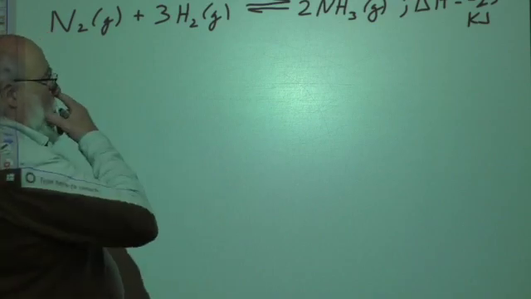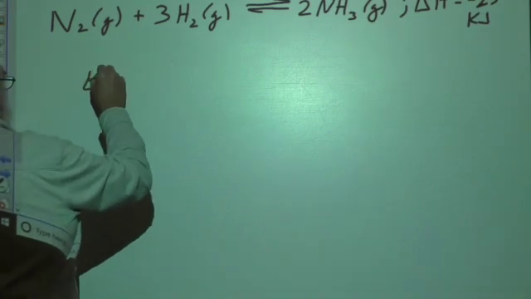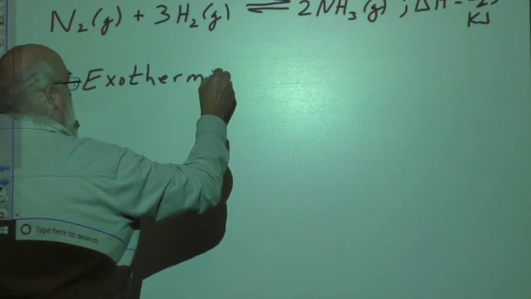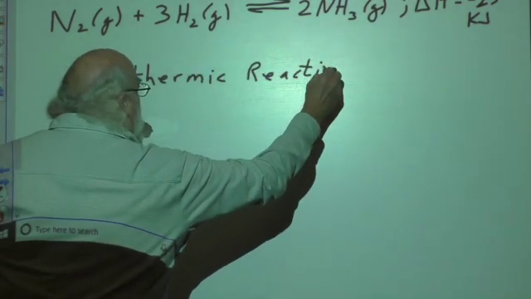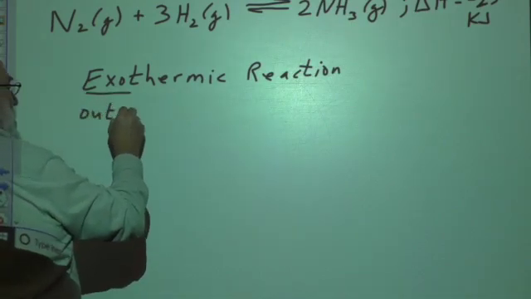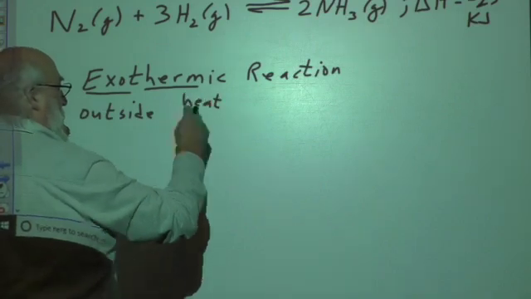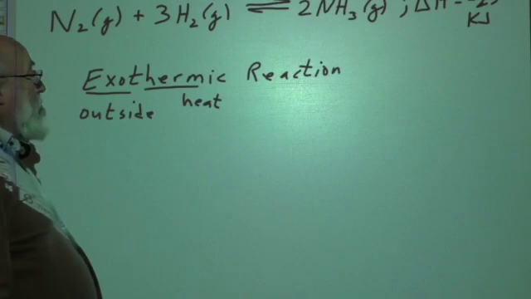All right, so let's talk about what an exothermic reaction means. The word exothermic, exo means outside, and therm means heat. So the heat is going to be outside of the system. Okay?